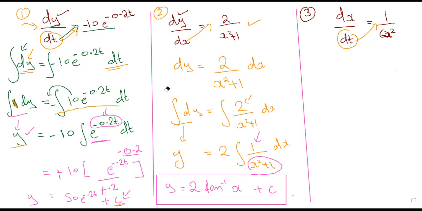And what is the change? I can write this differential equation by taking the reciprocal of both the left and right hand side. The reciprocal of the left hand side would be dt by dx equals 6x square, and of the right side would be 6x square, right? Yes. Okay.